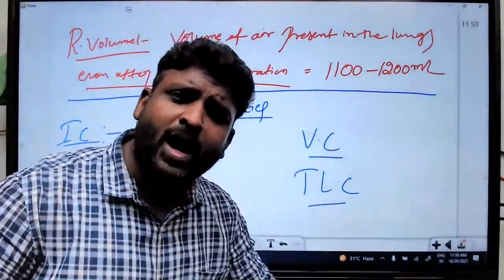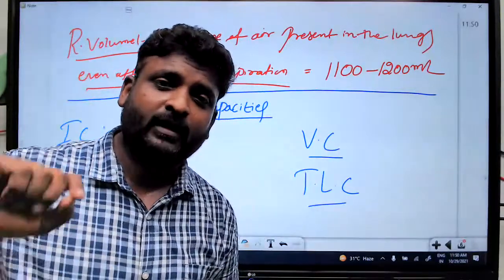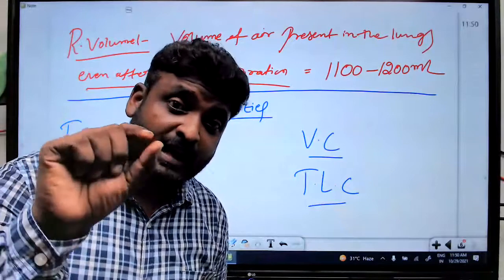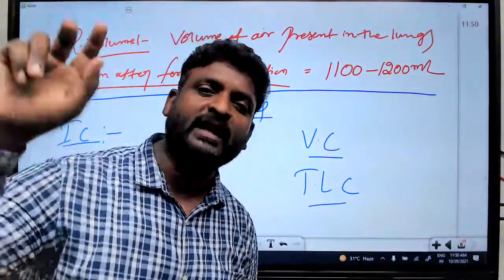Inspiratory capacity, what do you have to do? Forcible inspiration. But before that, after normal expiration. First you have to do normal expiration, then you have to do forcible inspiration. Got it?